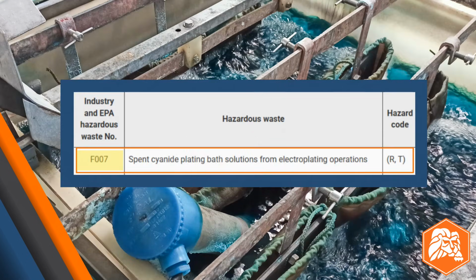Now, looking at the F list, you will see the F code in column 1, the waste description in column 2, and in some cases, letters in parentheses here in column 3. These letters tell us EPA's reasoning for listing this waste as hazardous. In this case, F007 waste is regulated because it's reactive, that's the R, and toxic or poisonous, that's the T.